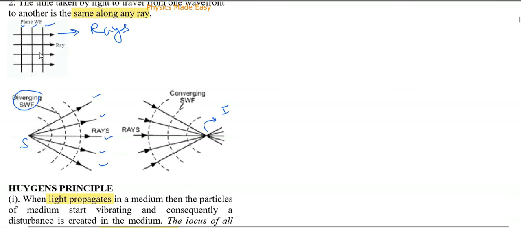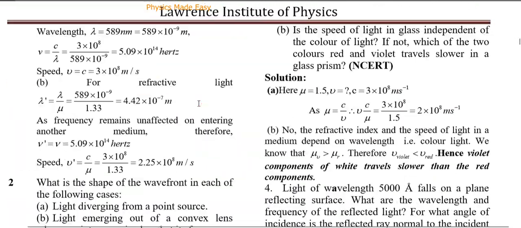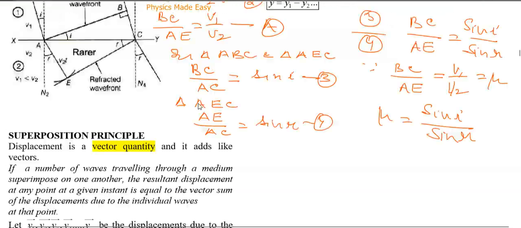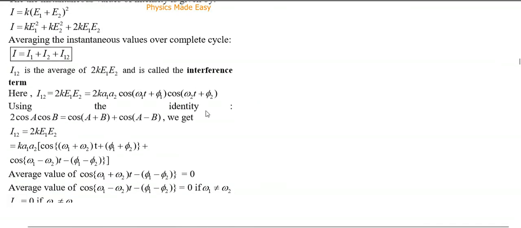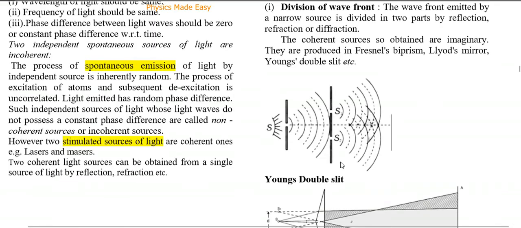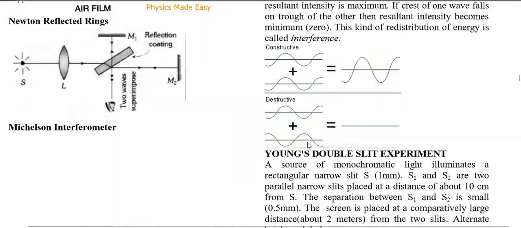The diagram corresponding to Young's double slit experiment is something that one should always keep in mind, and this is that diagram.